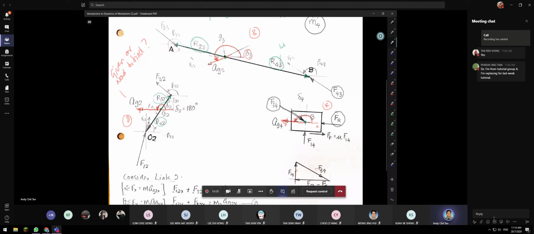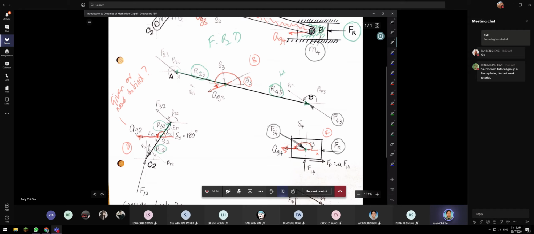Once you have this force on one end at B, you need to find the force at point A. Point A also has a force. In this case, we call this F from link number 2 to link number 3, F23. The direction of this force is arbitrary. You can assume either going up or going down.